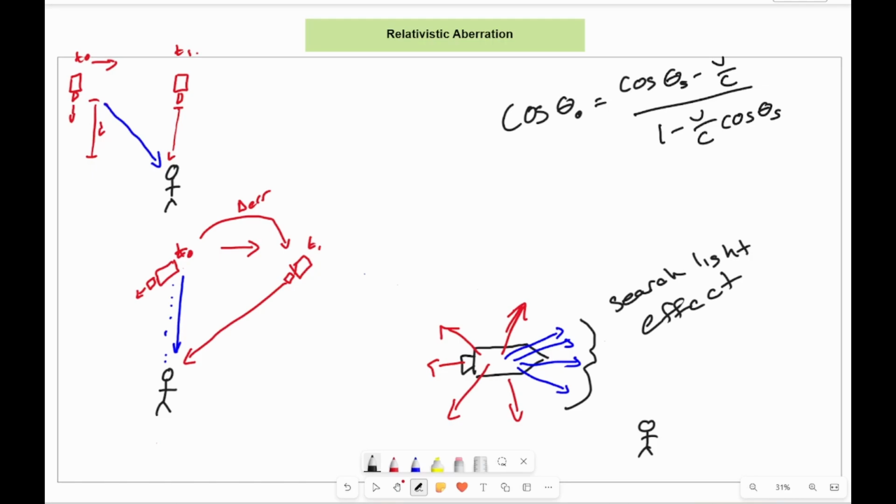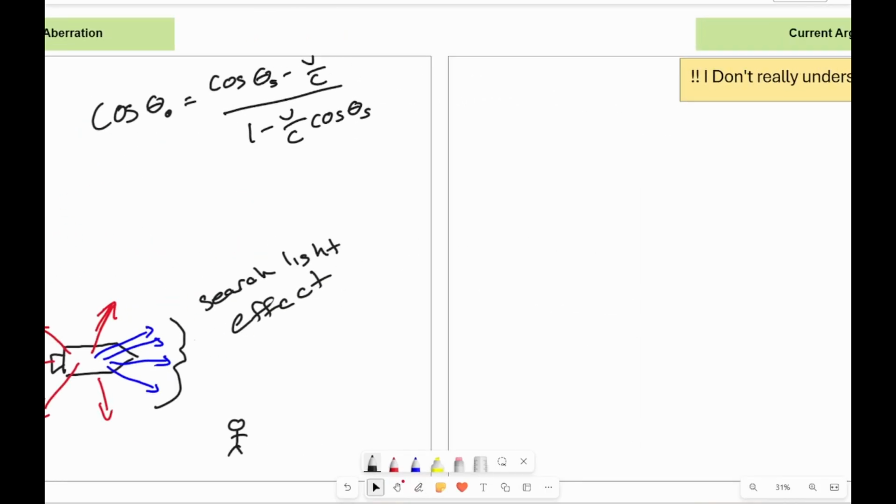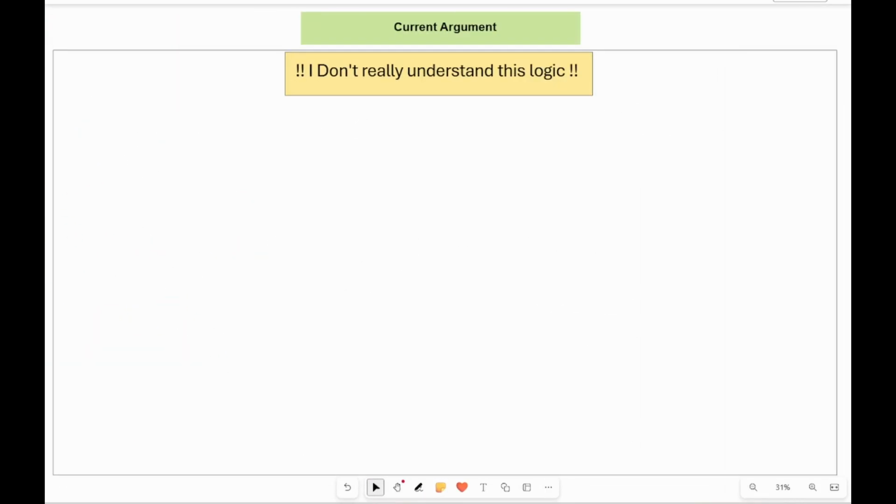So with this in mind, one of the big things against Aether models is this weird parallax or aberration of light argument. And I'm going to try to explain it. I don't really understand the logic, so if somebody else can explain it better, I'd love to hear more about it. But here I go.